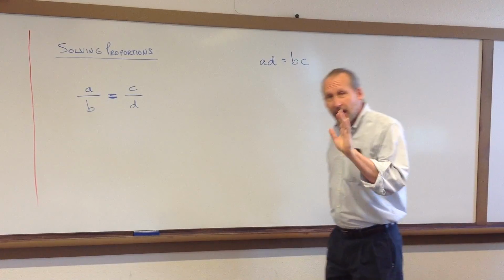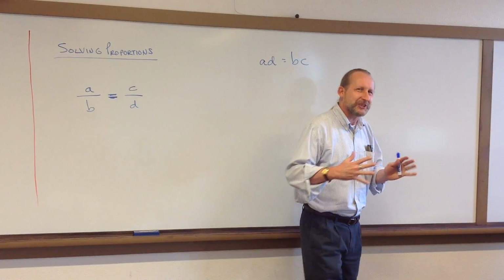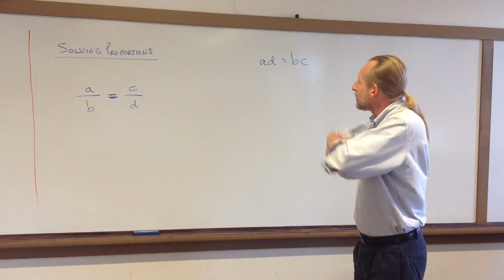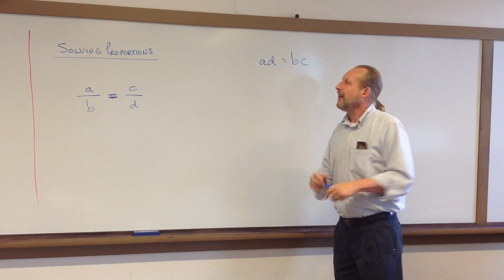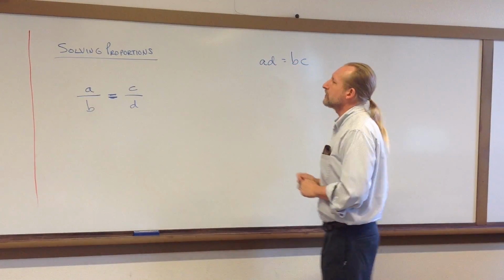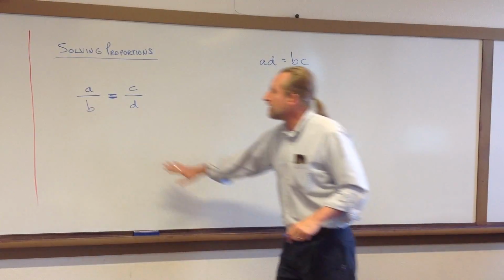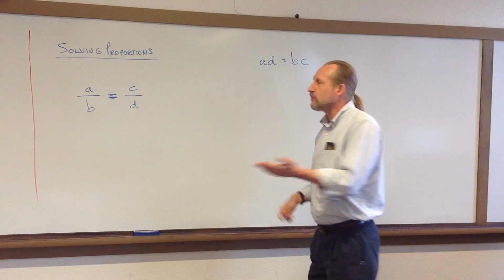Now, I'm not the kind of teacher who likes to just throw up conclusions without justifying them. If you're interested in these ideas, that's fine. If you want to skip ahead to the problems and how to do them, that's fine too. But I do want to fill in the space between here and here, and it's what I was just talking about.